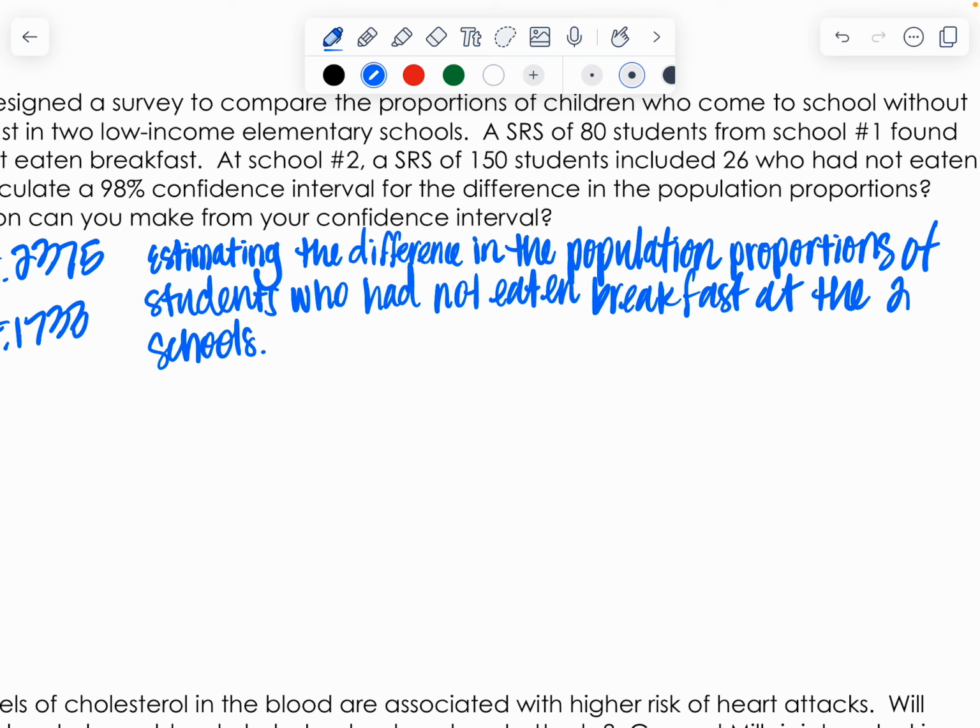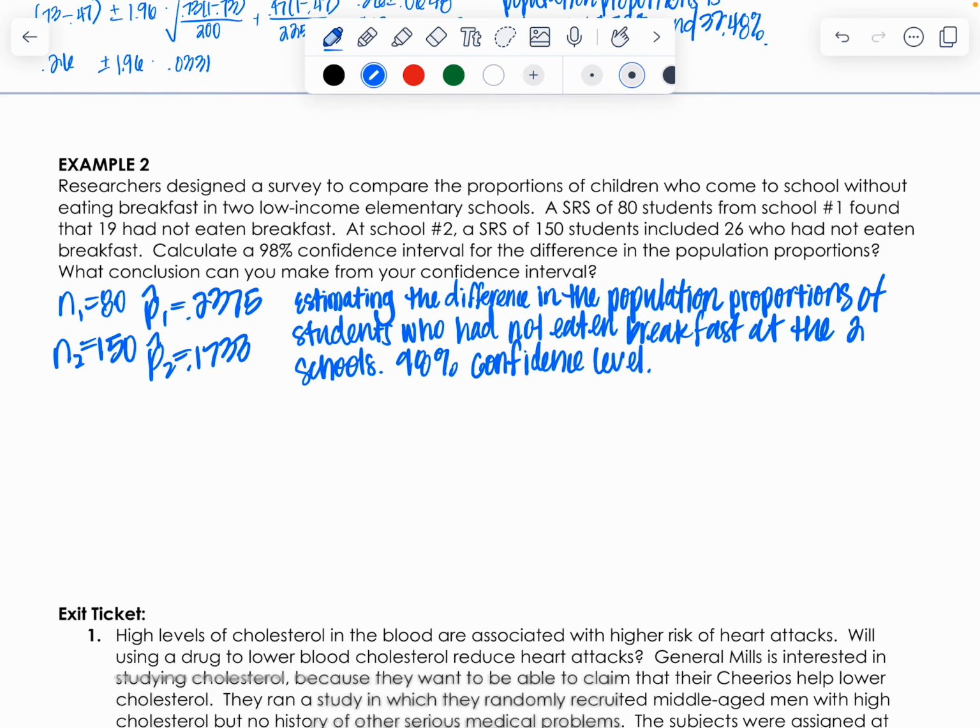And we're going to use a 98% confidence level. Okay, so now we check off our conditions. It said an SRS, so absolutely random.